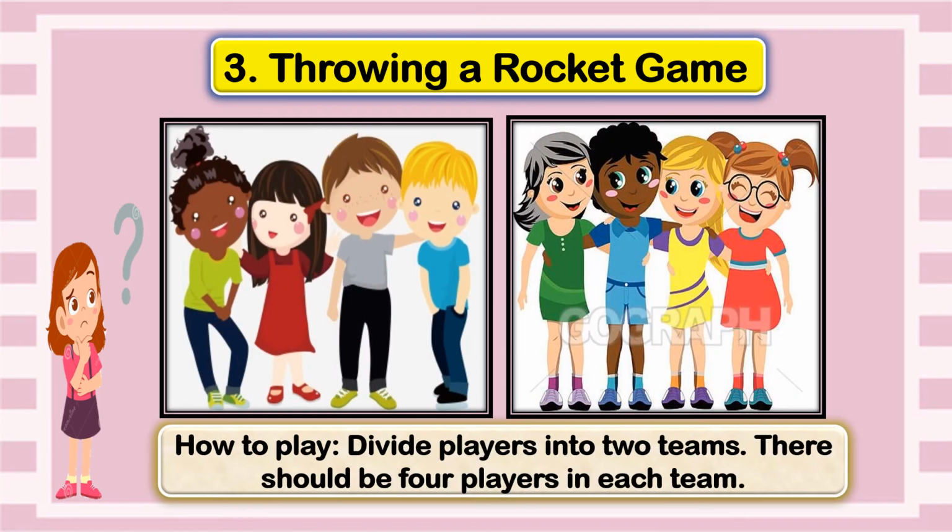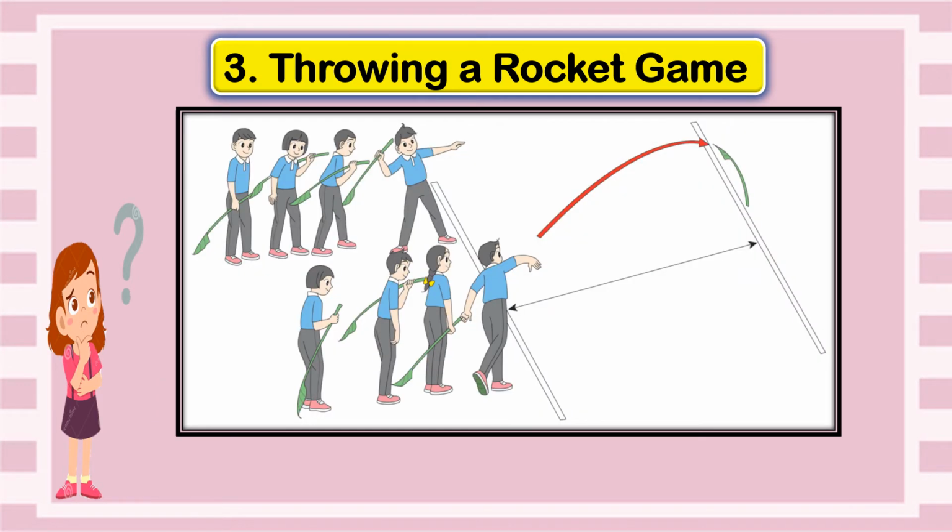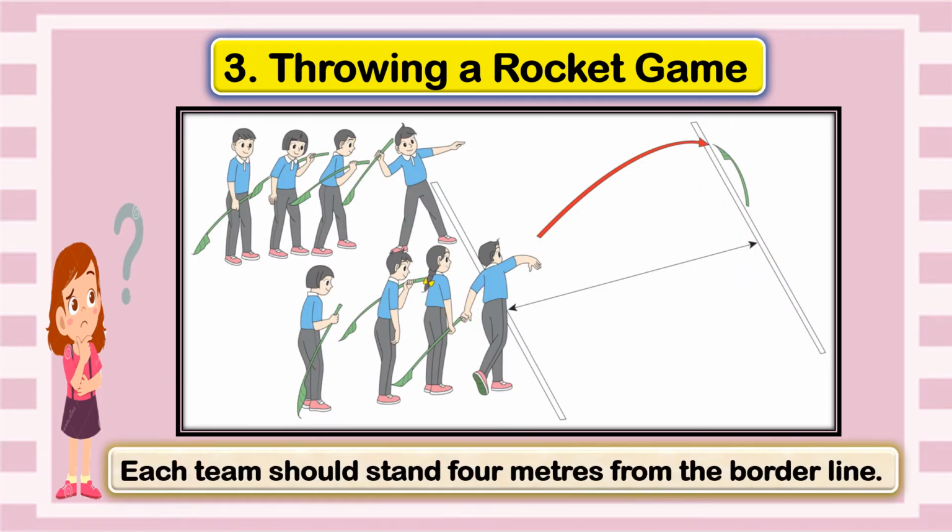Now, how to play this game: you need to divide the players into two teams. Each team should have four members, just like the tidal game. And each team should stand 4 meters from the border line. So this one is 4 meters away from the border line.